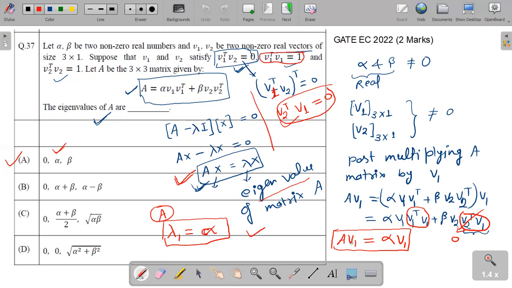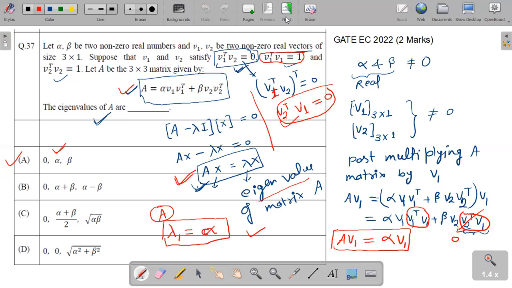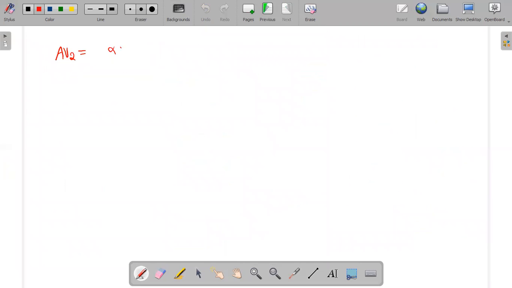We will post-multiply this equation by b2. So A b2 equals alpha b1 b1 transpose plus beta b2 b2 transpose, post-multiplied by b2.